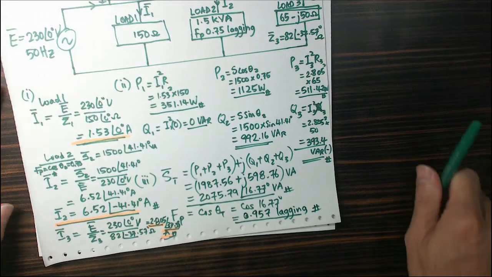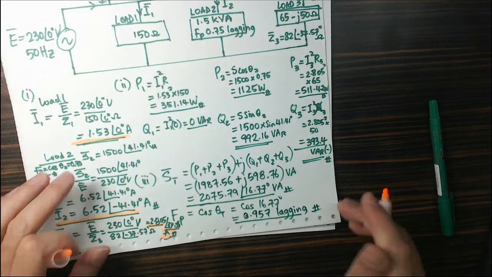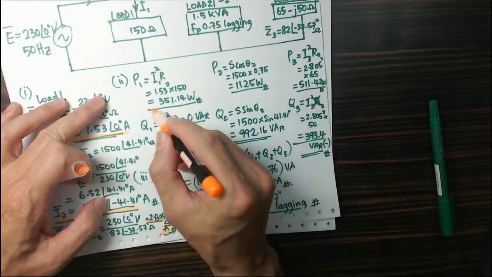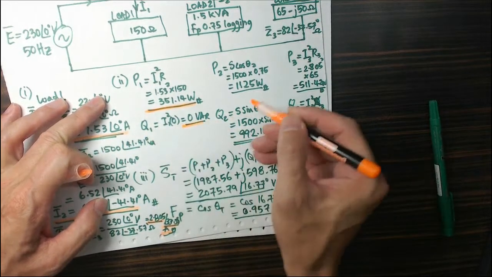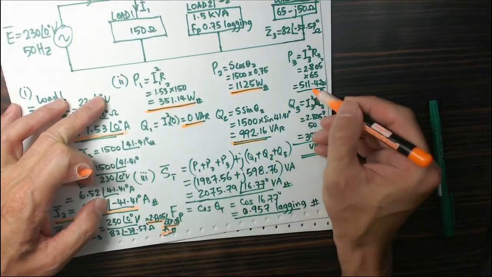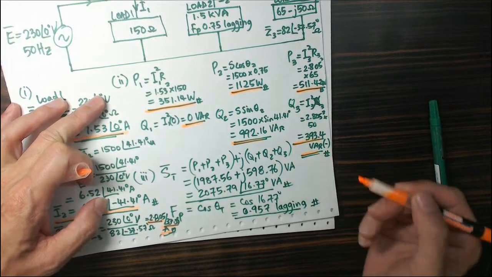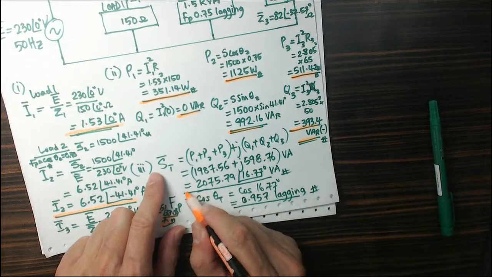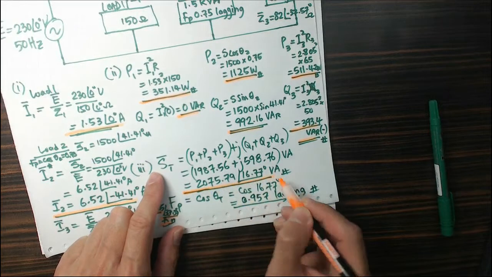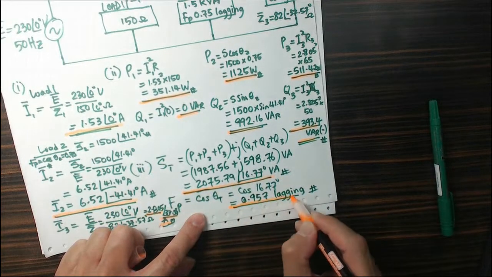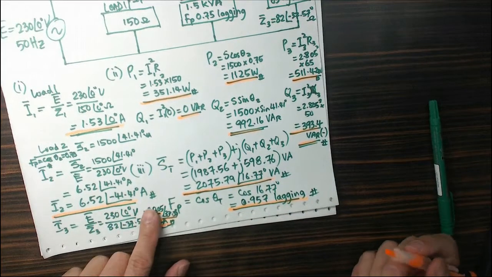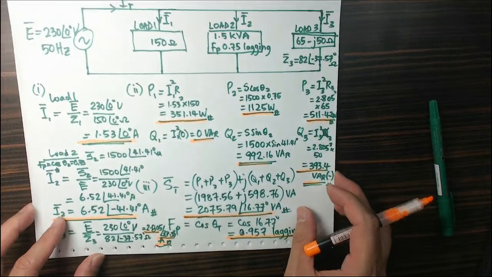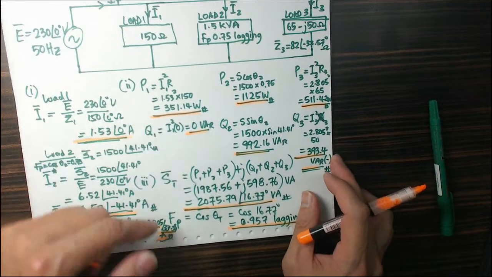Alright, so these are my answers for part 2. Whereas for part 3, the total apparent power is this, and the power factor is this. Alright, we have done parts 1, 2, and 3.